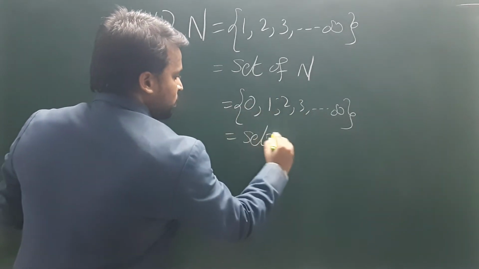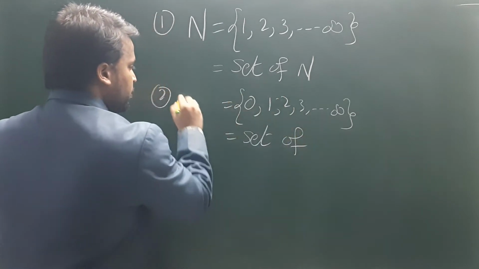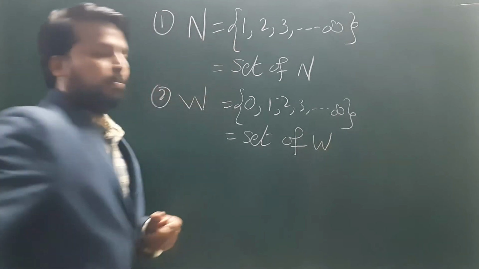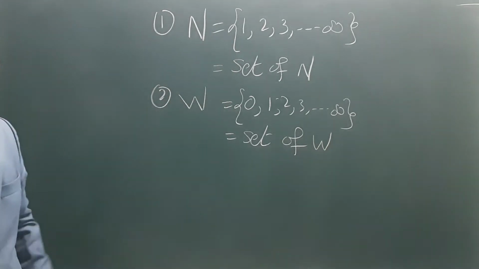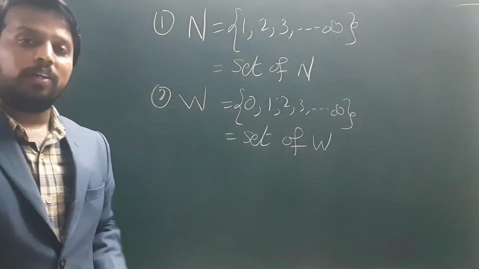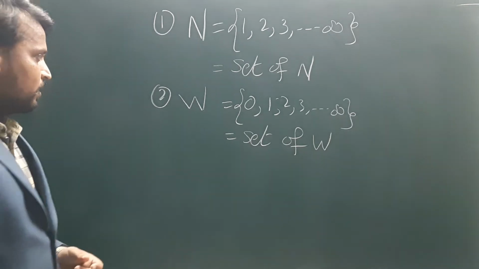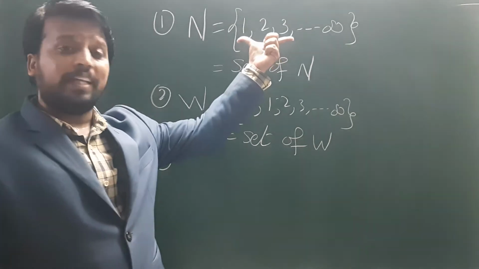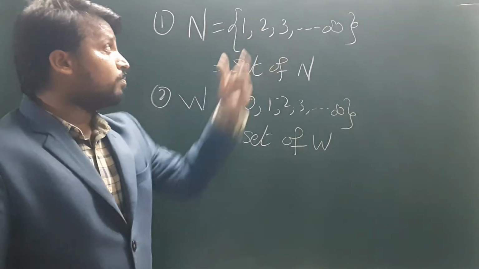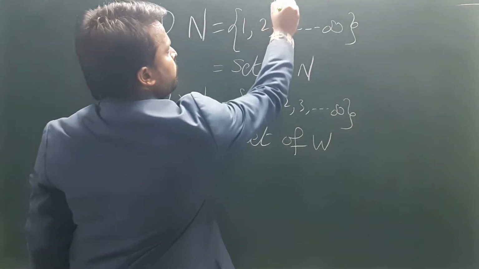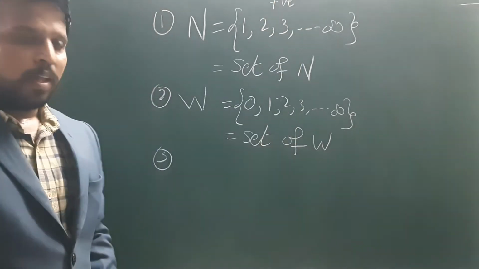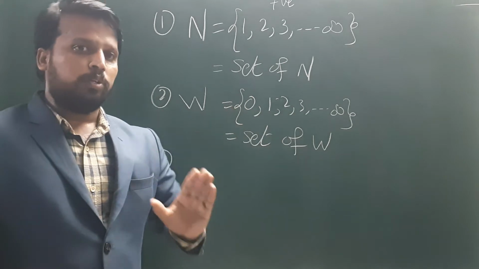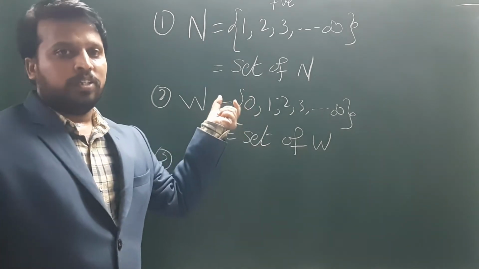This is the set of whole numbers, which we represent with the capital letter W. If you observe, natural numbers we also call positive numbers, right? And 0 is there. For 0, there is neither positive nor negative. This is an individual digit.